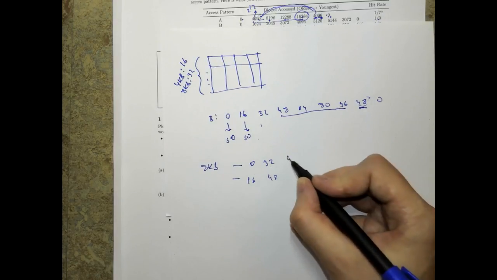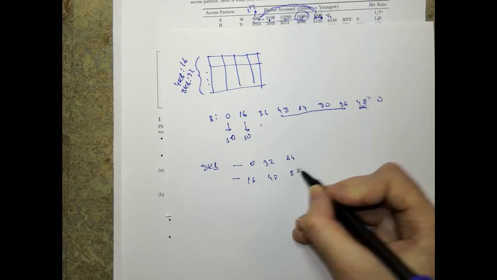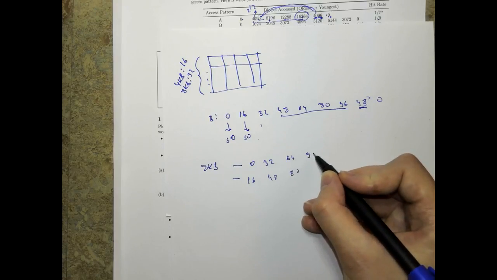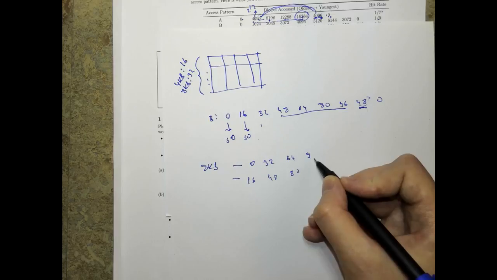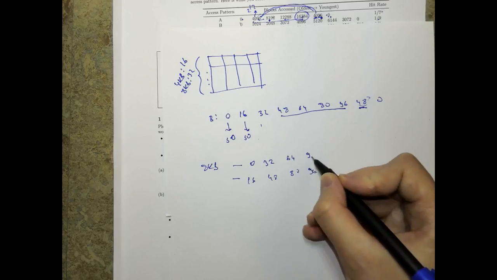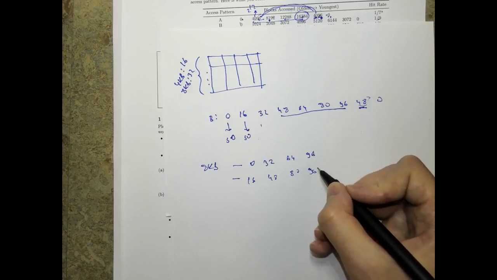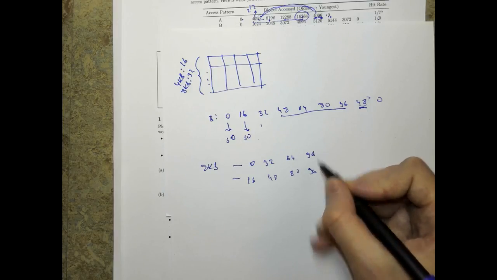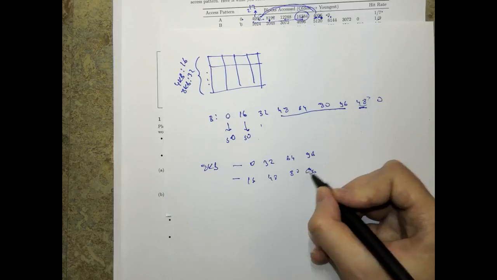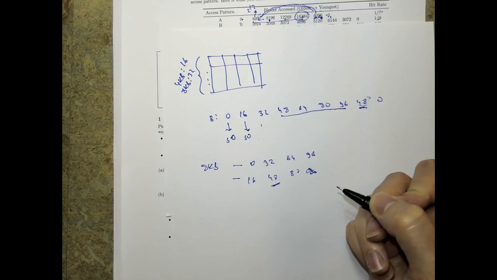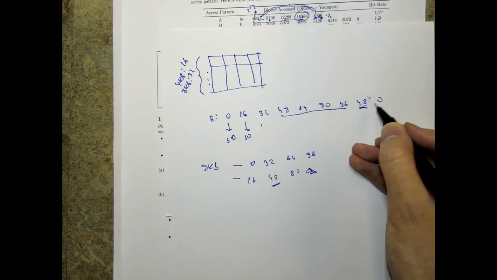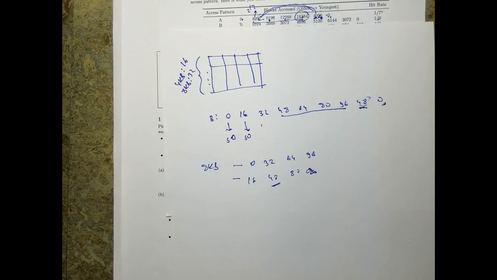And then 64 goes here again, 80 goes here, 96 goes here, and we get a hit for 48, but we also get a hit for 0, right? So we get 2 hits.